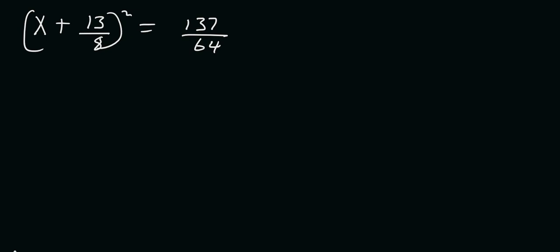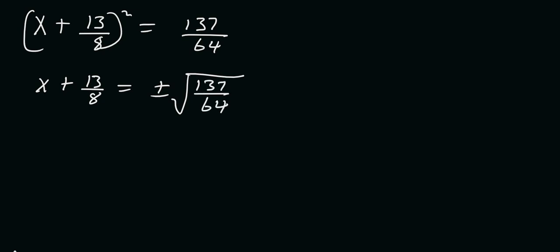All right. So x plus 13 over 8 squared is equal to 137 over 64. So now we can take the square root of both sides just to eliminate this square from here. So that will become x plus 13 over 8 is equal to plus or minus the square root of 137 over 64.